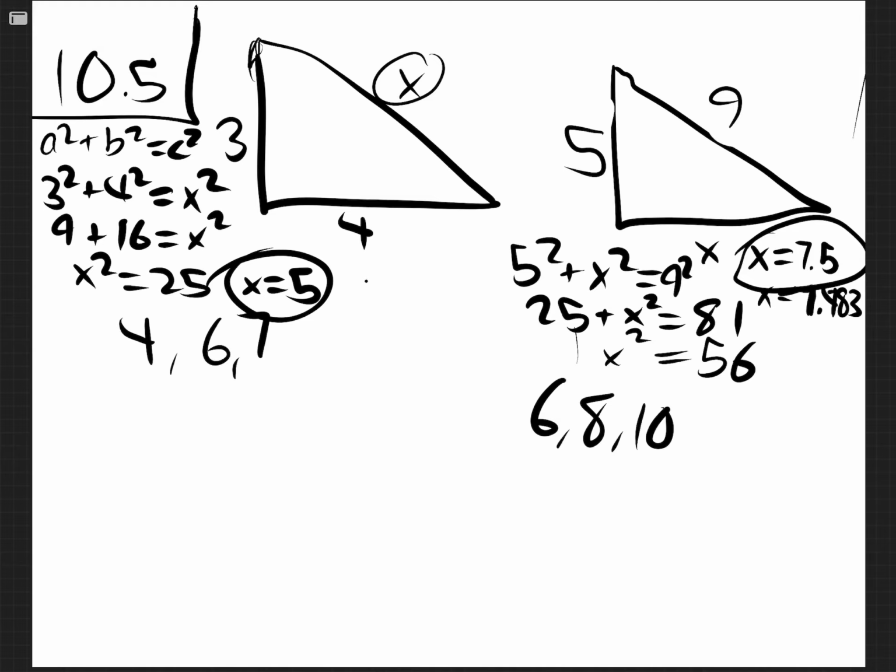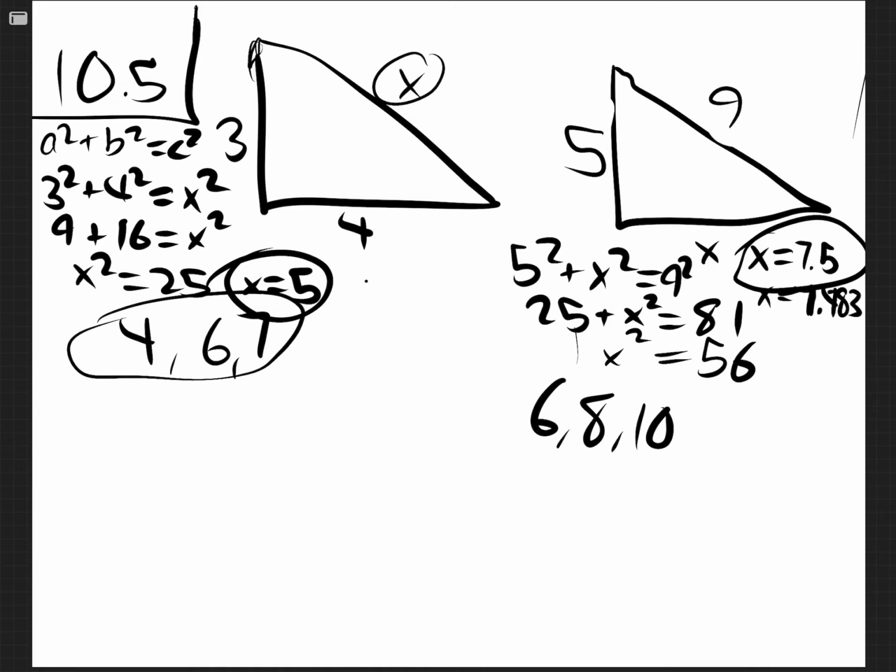Now, at the bottom, what we're going to do is check if these numbers could be the sides of a right triangle. So the two smaller numbers, 4 and 6, let's check if 4 squared plus 6 squared equals 7 squared.